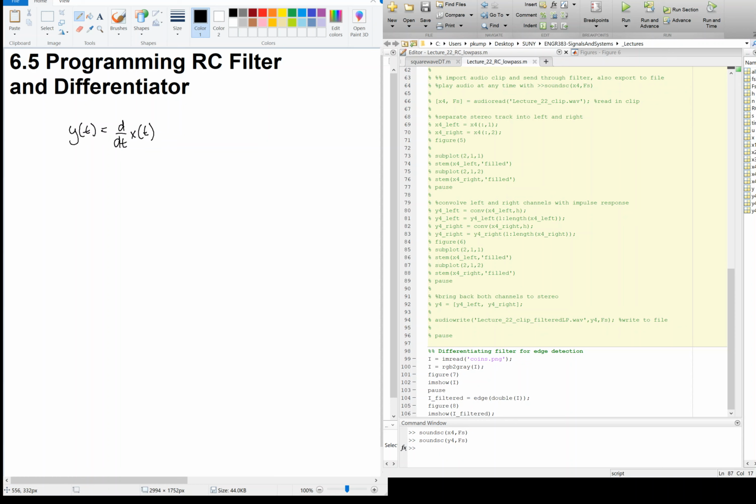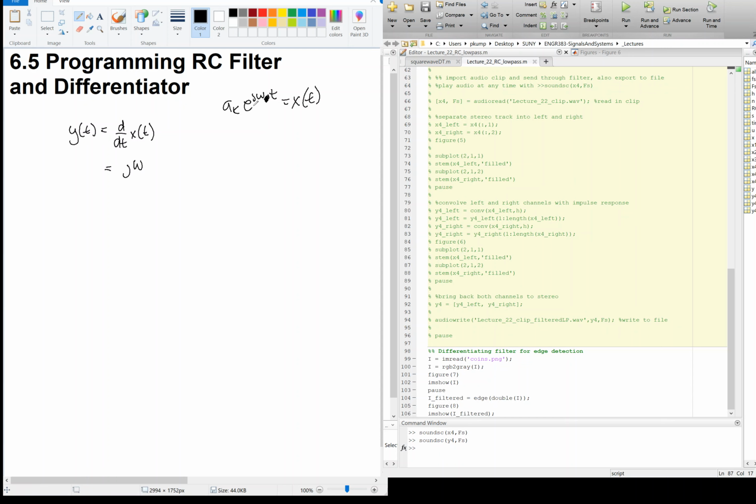Now, for software, well, actually, before we get to the discretization, let's try to figure out what the frequency response of such a system is. And if I put in a_k e to the j omega_0 t in for x of t, right? What do we get out? Well, the derivative of this is j omega, actually, let's just drop the omega_0.